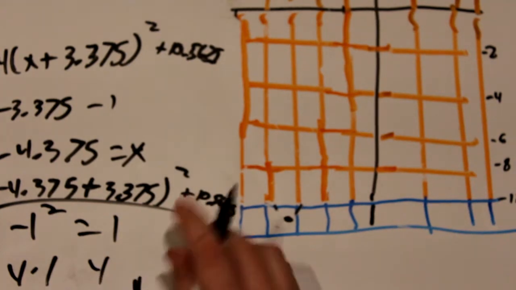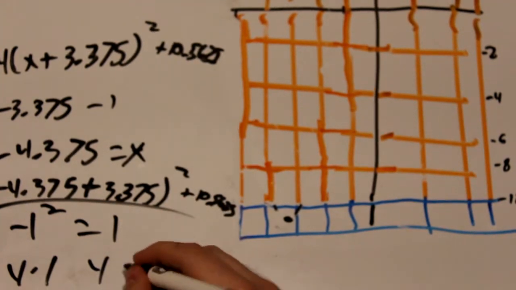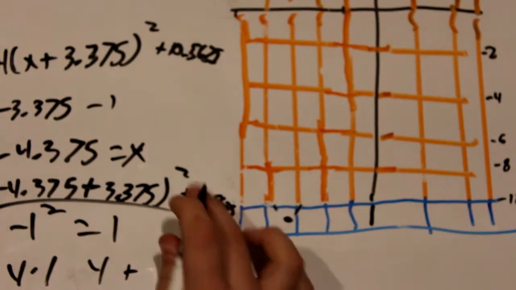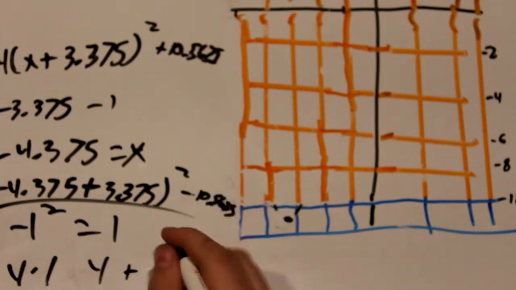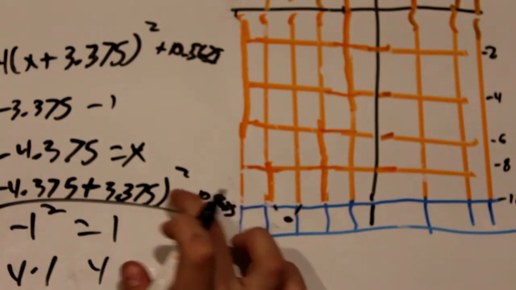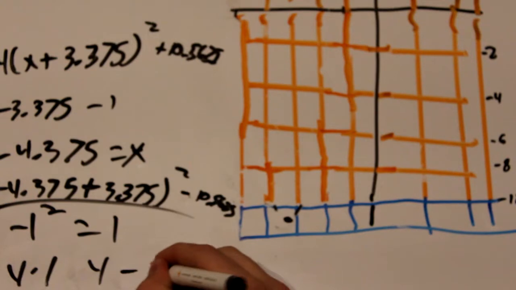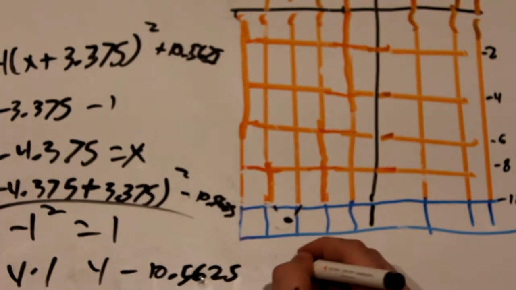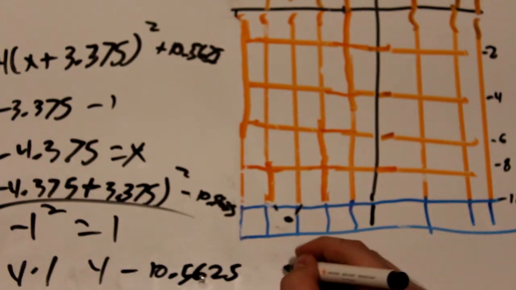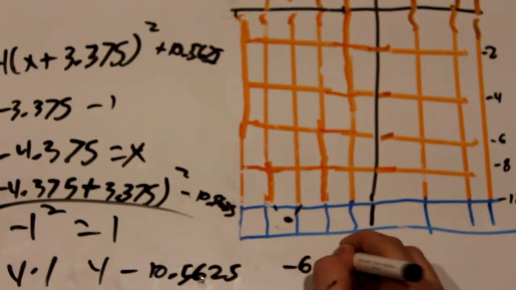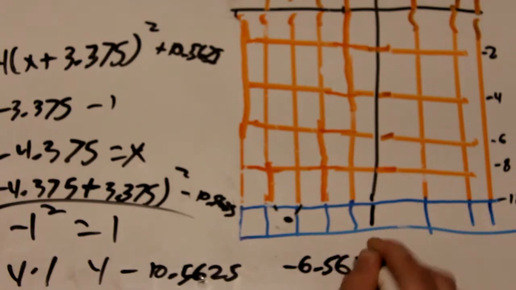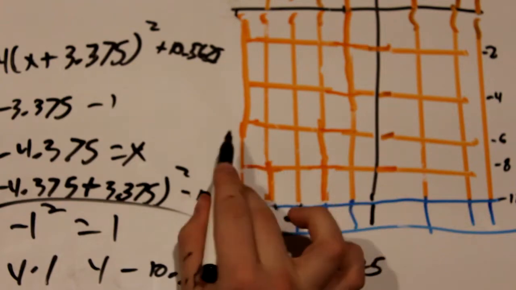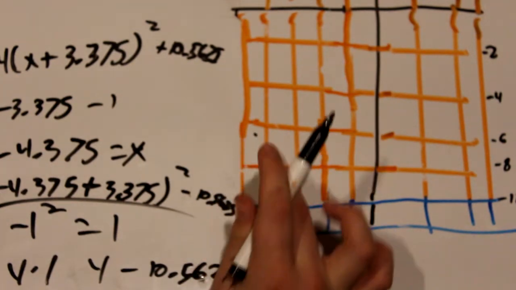So now we just have 4. I apologize, that is a minus sign. I goofed up just a little bit. 4 minus 10.5625. This equals, am I still on frame? Yes, this equals negative 6.5625, and that is our y value. And so I will mark that about right there.